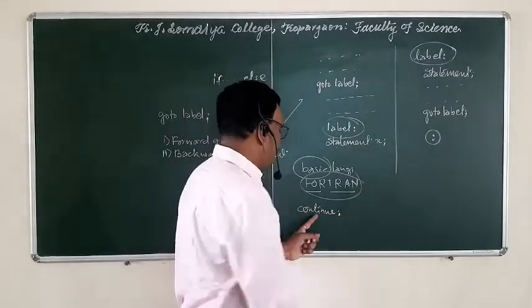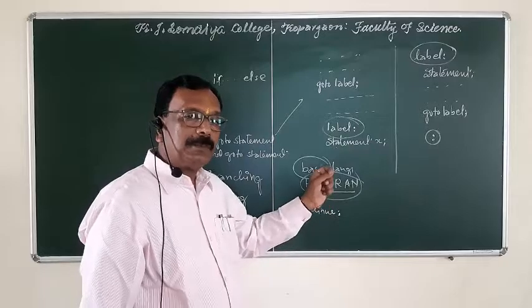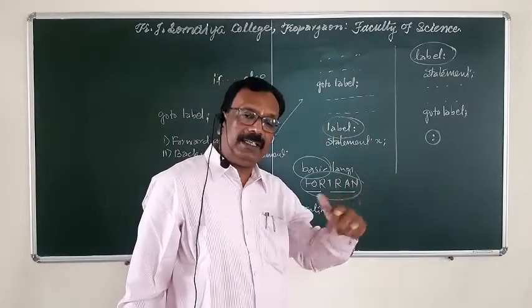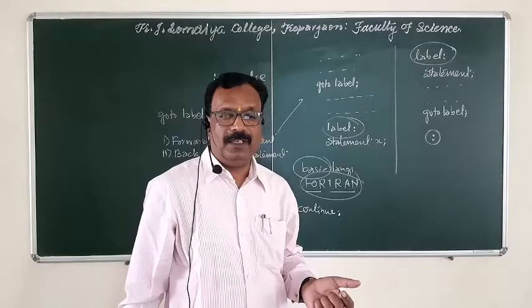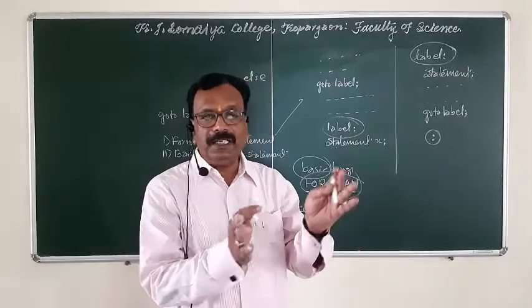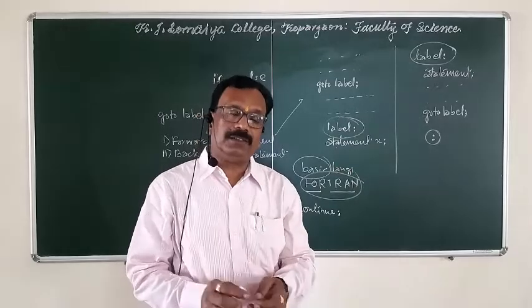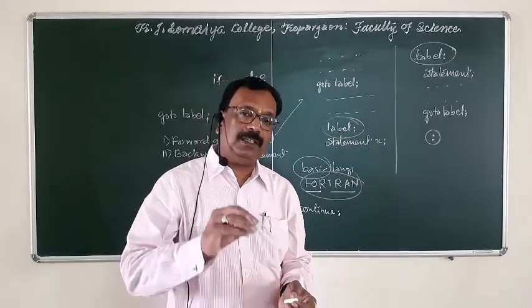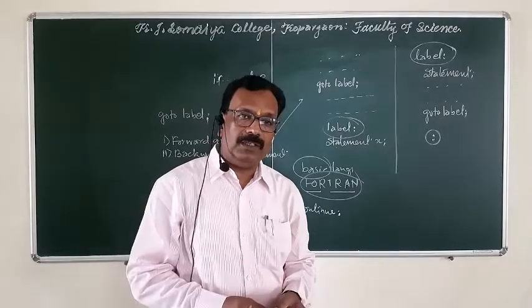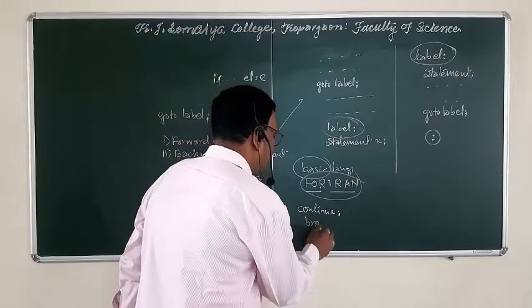When we use this statement, control immediately transfers to the beginning of the loop and takes the repetitive execution. And when we want to jump out of the loop, skipping the execution of all the statements and jumping out of the loop, at that time we use the break statement in C.